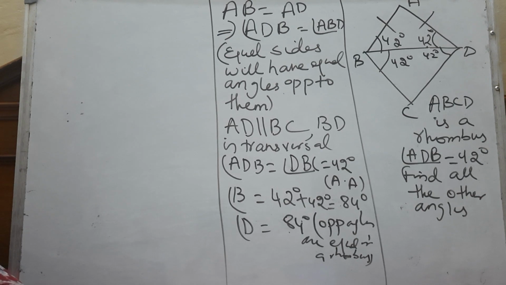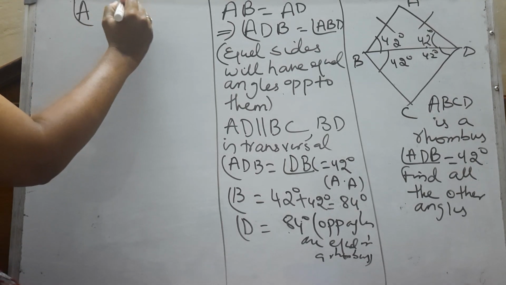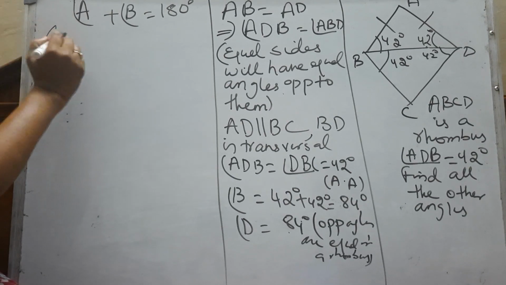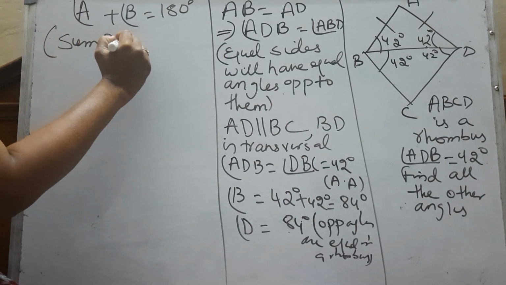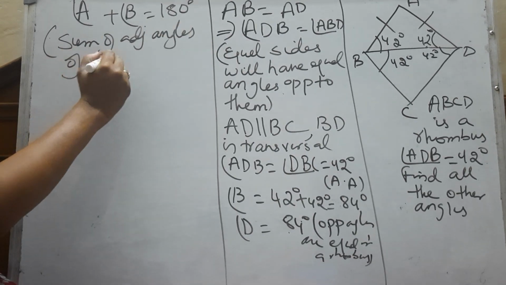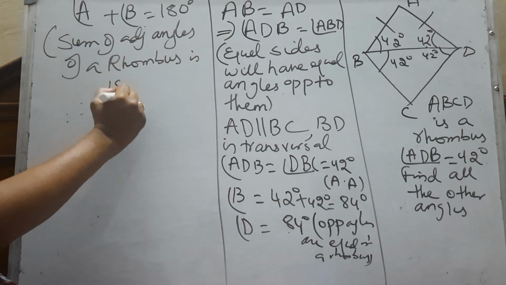And then what about angle A and angle C? I told you one more property just now: the sum of the adjacent angles of a rhombus is 180 degrees. So I'll write, angle A plus angle B is equal to 180 degrees, since the sum of adjacent angles of a rhombus is 180 degrees.